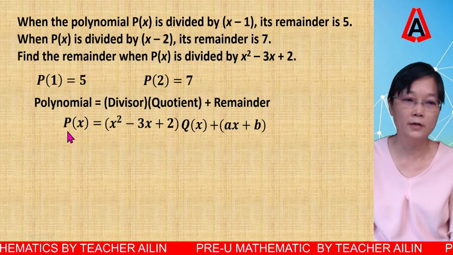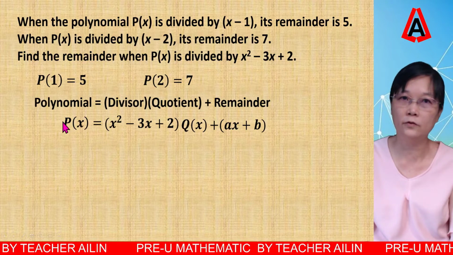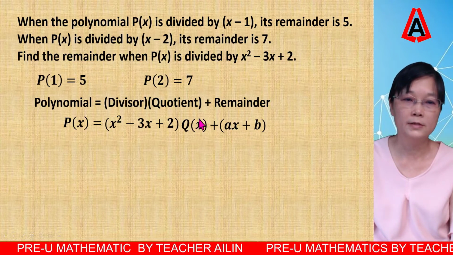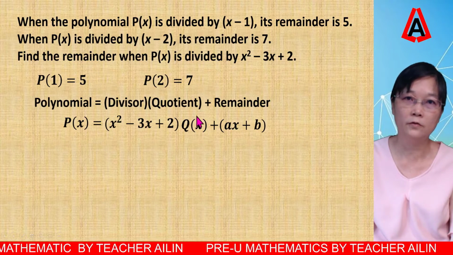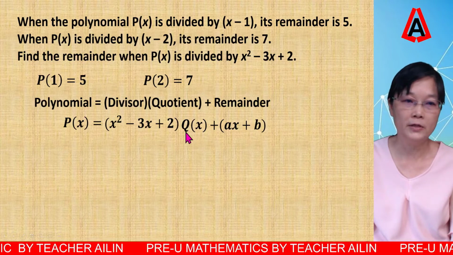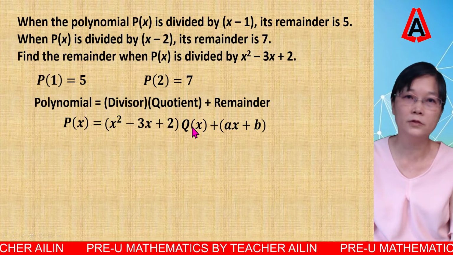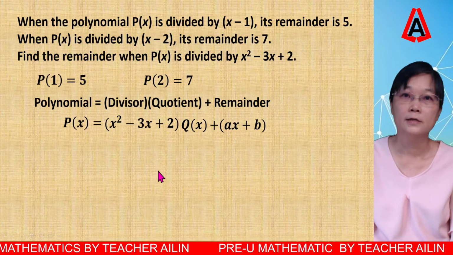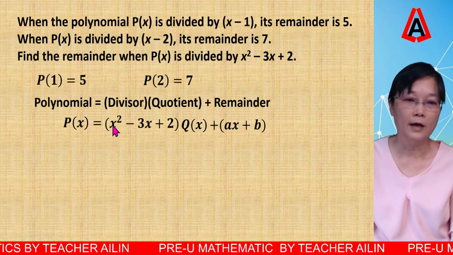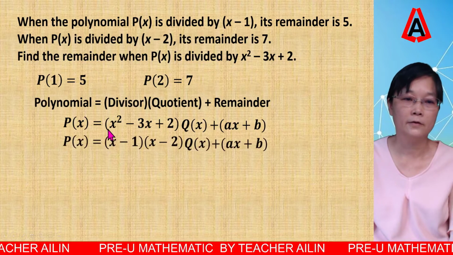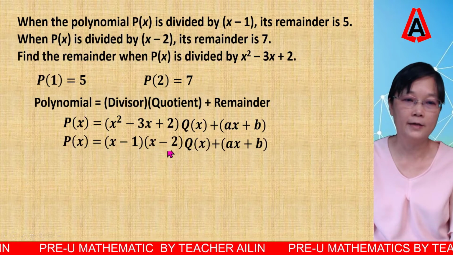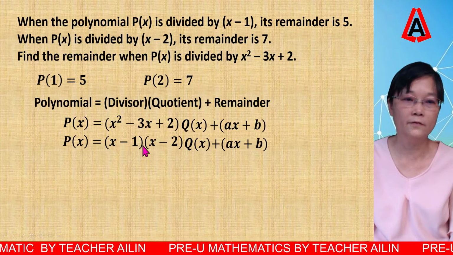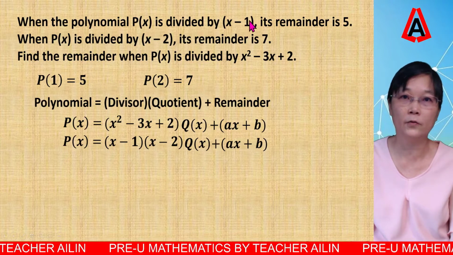Since the polynomial is unknown and we do not know its degree, the quotient's degree is also unknown, so we simply use p and q to represent the polynomial and the quotient. Before I move on, I'm going to factorize this quadratic, and I find that it is equal to x minus 1 and x minus 2. These two factors are given in the question.